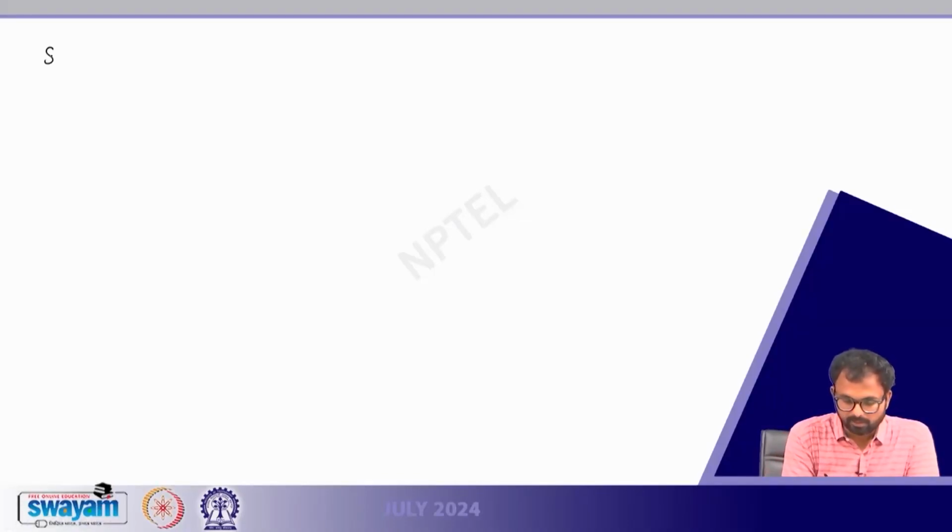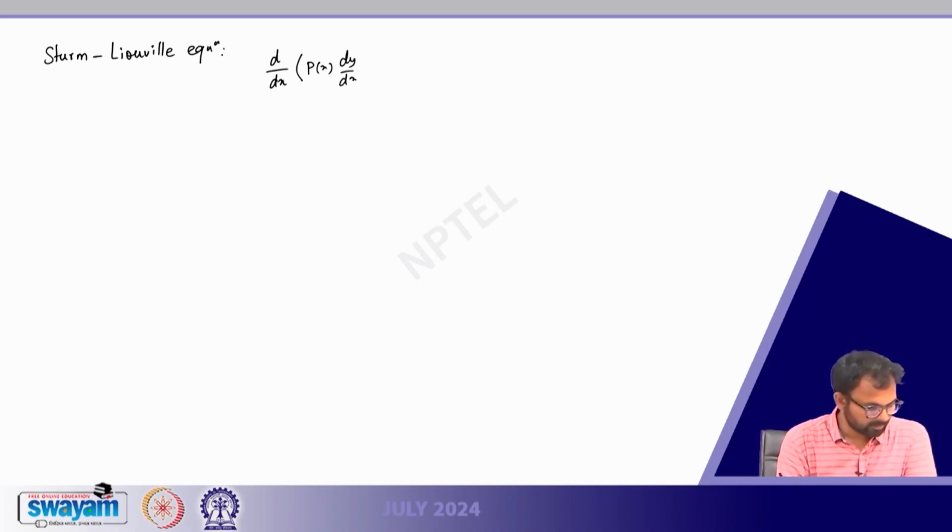So if you recall, our Sturm-Liouville equation had this particular form. So we had d/dx of p(x) dy/dx plus q(x) y plus lambda r(x) y equals to 0.